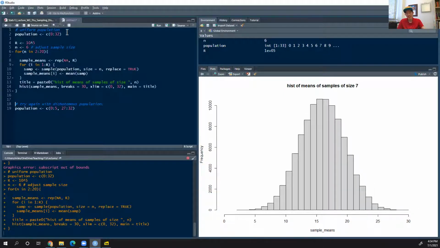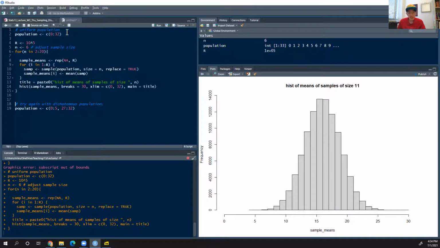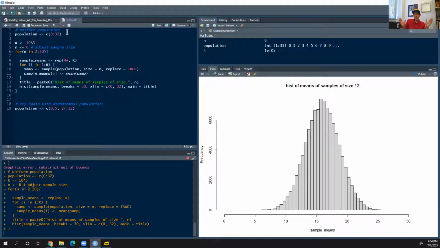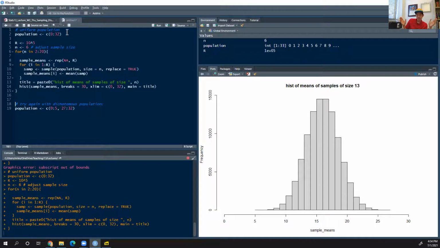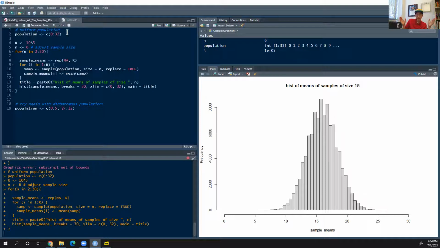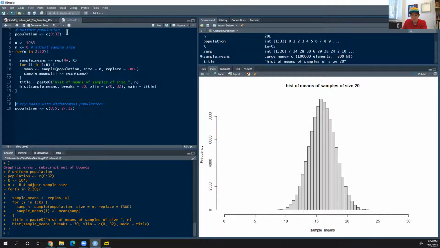Samples of size 6, samples of size 7, 8, 9, and we get a similar phenomenon where as we increase the size of our sample, the resulting distribution ends up getting, oh, we're getting some weird things happening there, but okay.